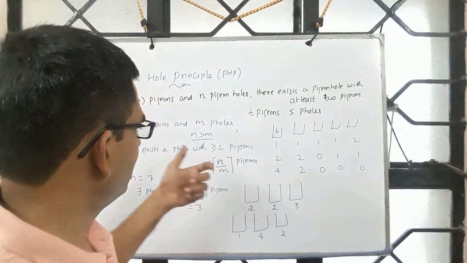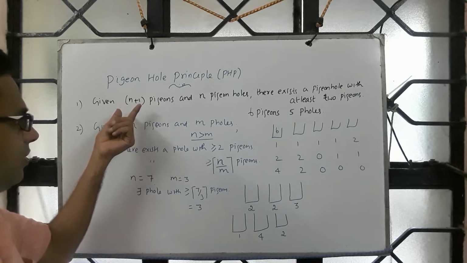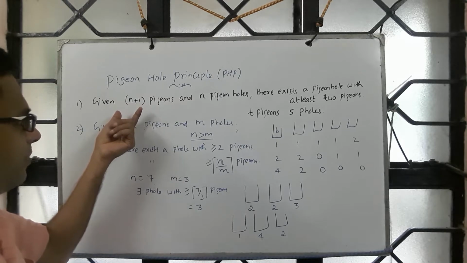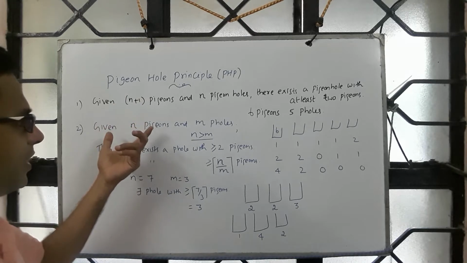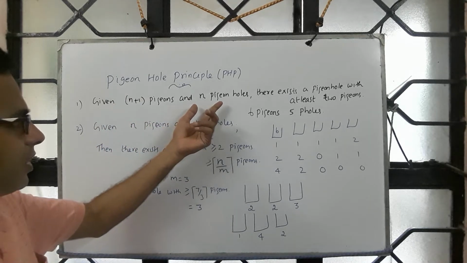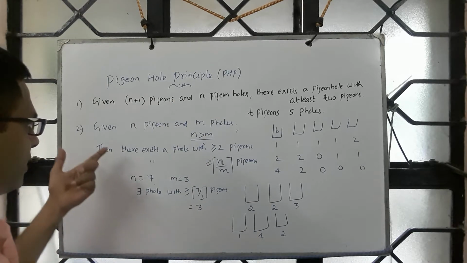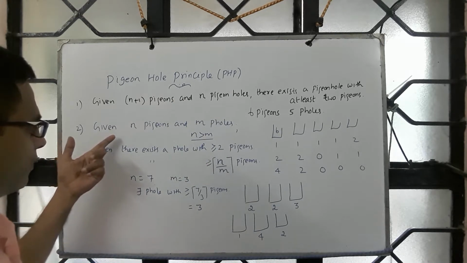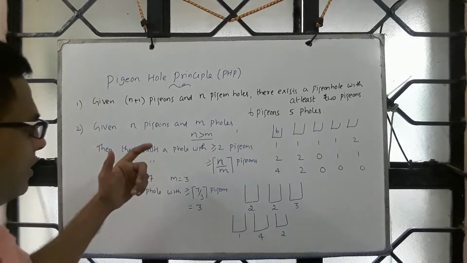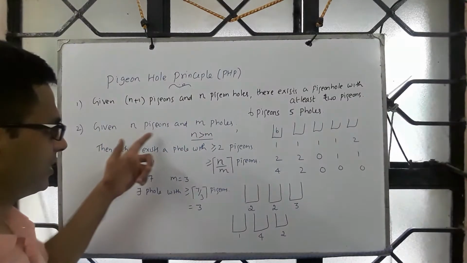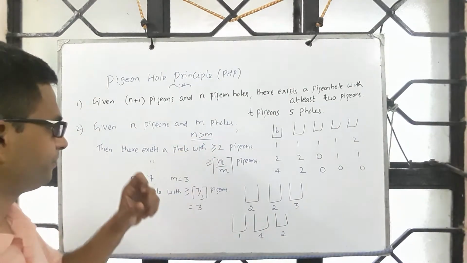Now one can generalize this. Why not just put, in place of n plus 1 and n, some other arbitrary integers, and it turns out that it works. So given n pigeons and m pigeonholes, we usually have more pigeons, fewer pigeonholes, so n is strictly more than m.